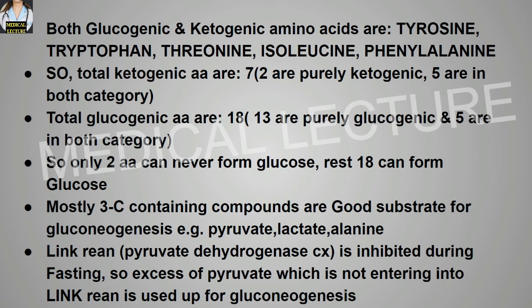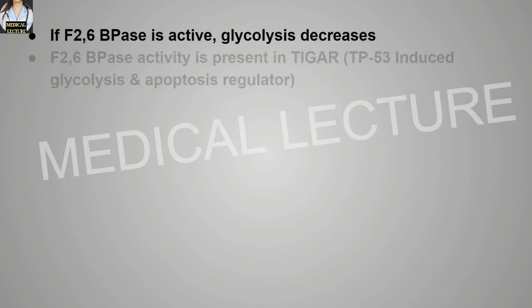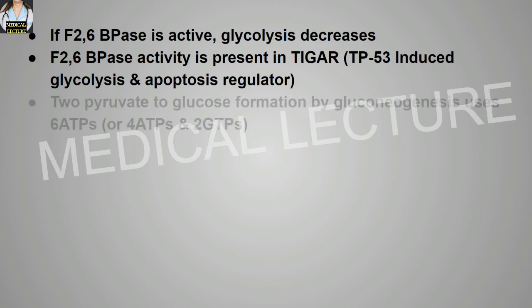So the excess pyruvate which is not entering the link reaction is used up for gluconeogenesis. If fructose 2,6 bisphosphatase is active, glycolysis decreases. Fructose 2,6 bisphosphatase activity is present in TIGAR, that means TP53-induced glycolysis and apoptosis regulator.